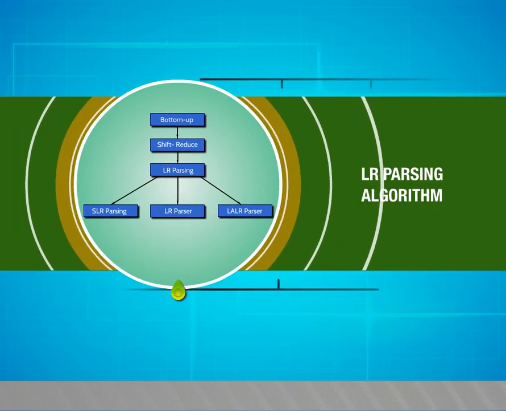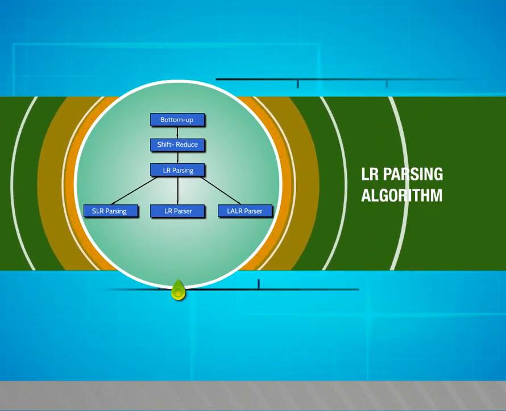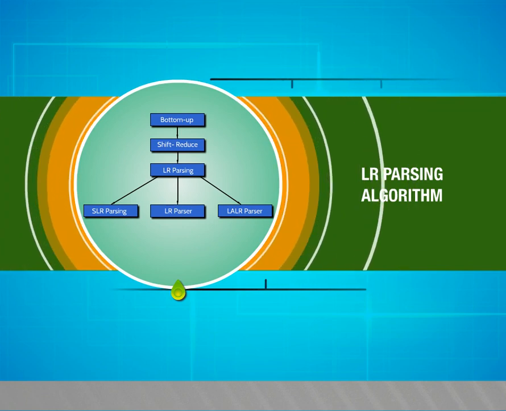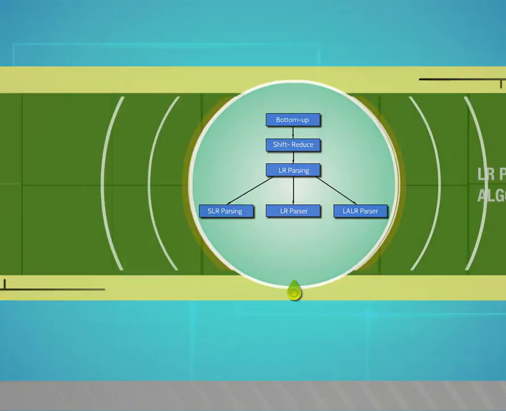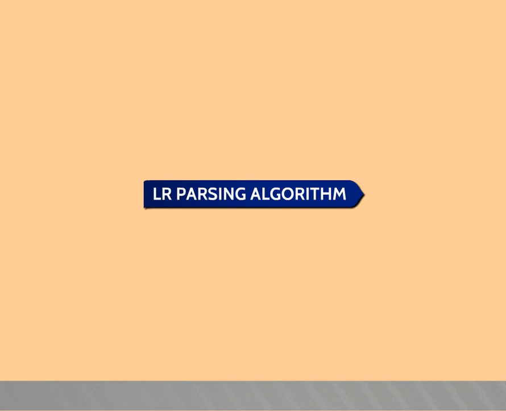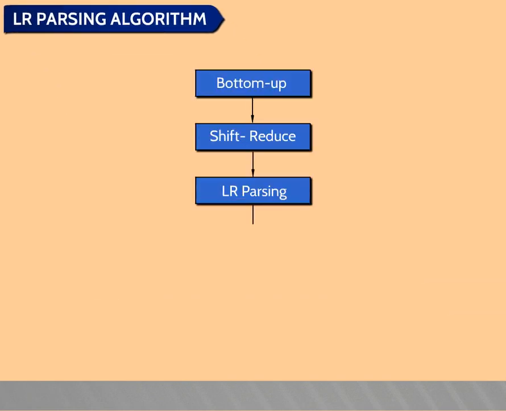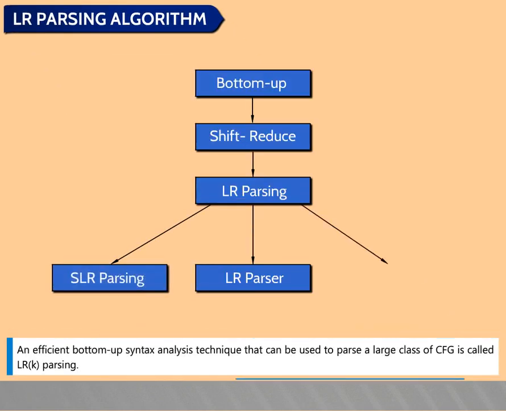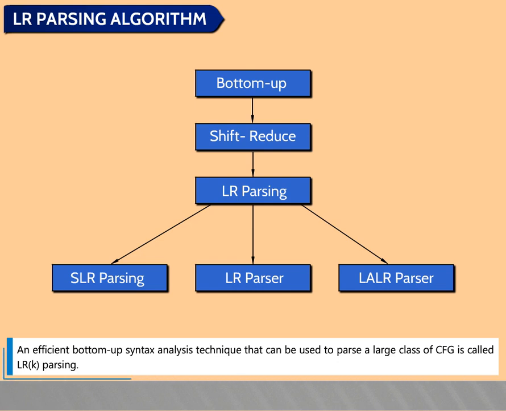LR parsing algorithm. In this video, we are going to see about the LR parsing algorithm. An efficient bottom-up syntax analysis technique that can be used to parse a large class of CFG is called LR(k) parsing.